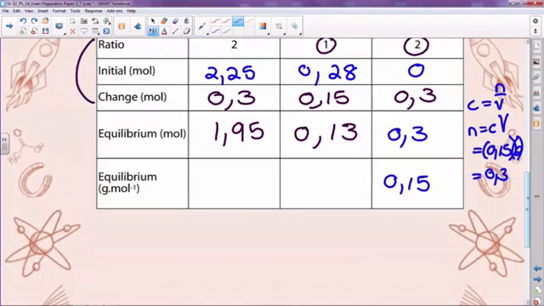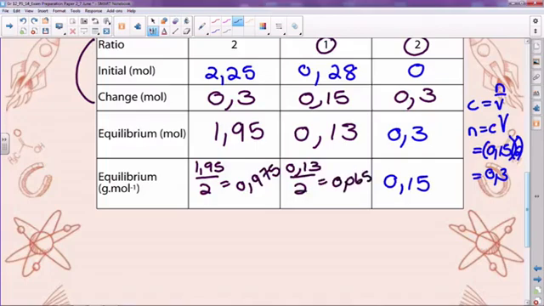That means I need to have it in moles per decimeter cubed. Remember, my volume was 2, so I need to divide this by 2, and we get 0,975. I need to divide this one by 2, and I get 0,065. I now have equilibrium values.